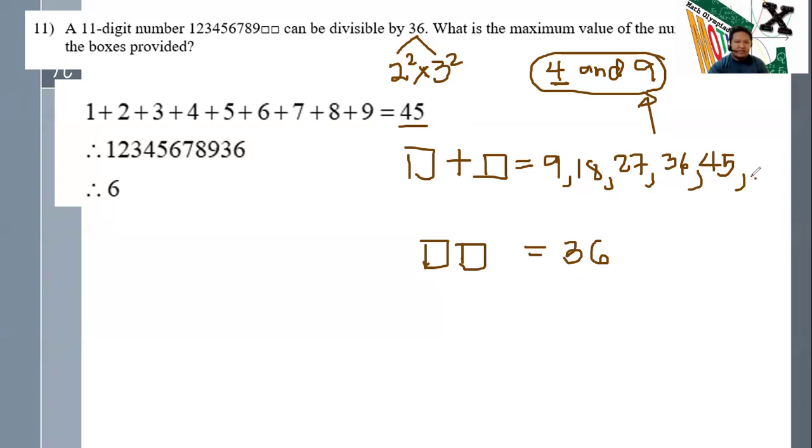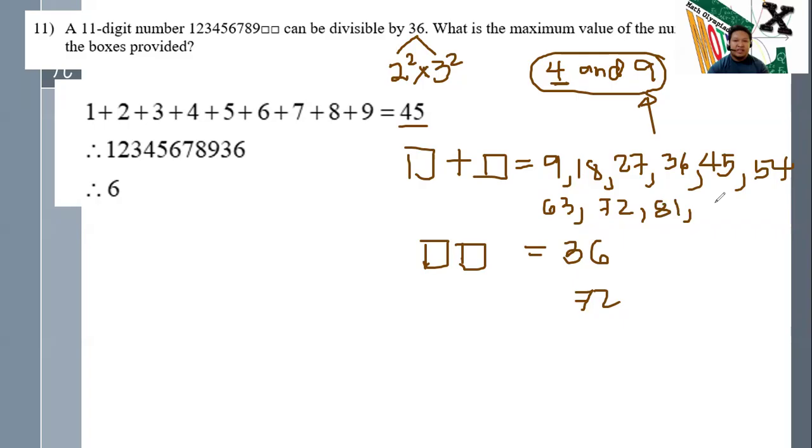What's the next one? Using 9, these are the numbers: 45, 54. After 54 plus 9, we have 63, 72. So 72 is also possible, because it is divisible by 36. 72 plus 9 is 81, and then 90.